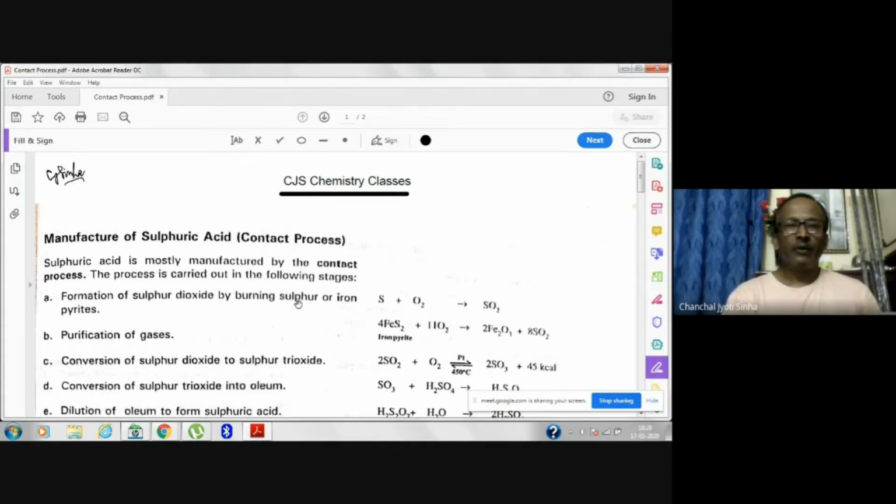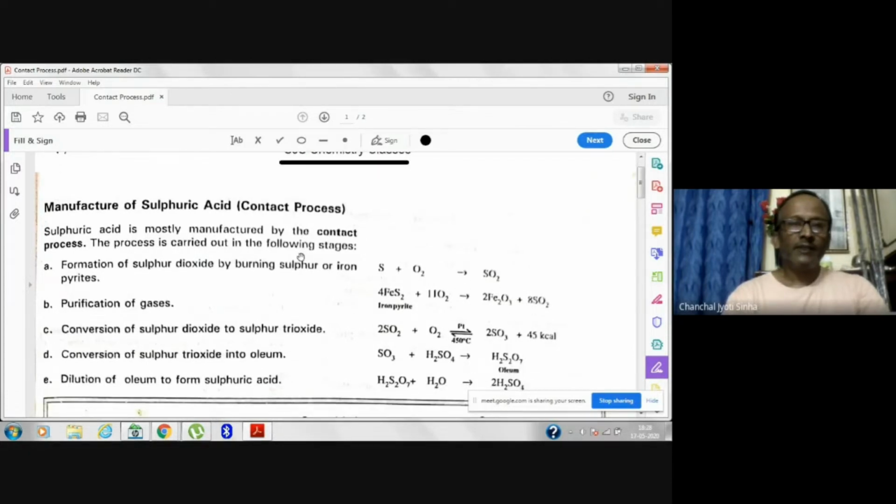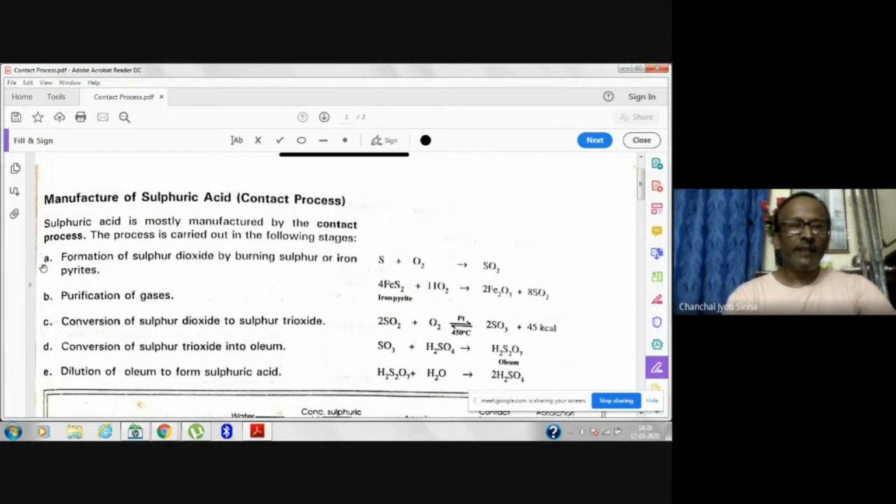Today we are going to discuss the manufacture of sulfuric acid by contact process. The process consists of the following stages. Stage A, formation of sulfur dioxide by burning sulfur or iron pyrites.